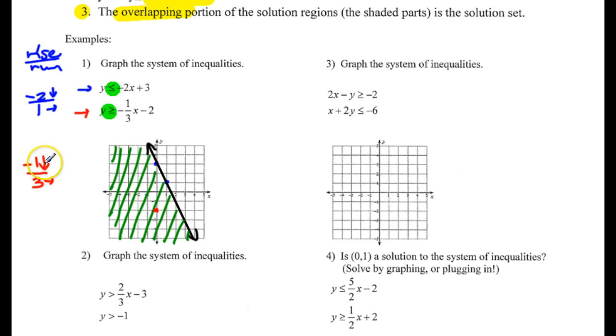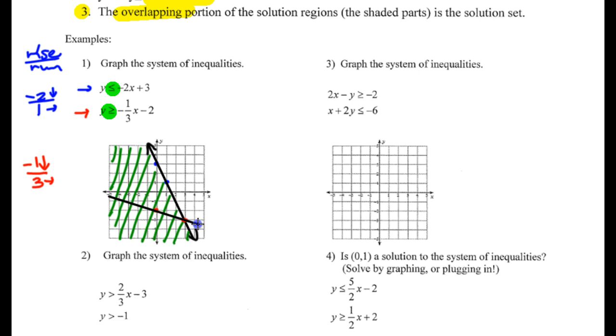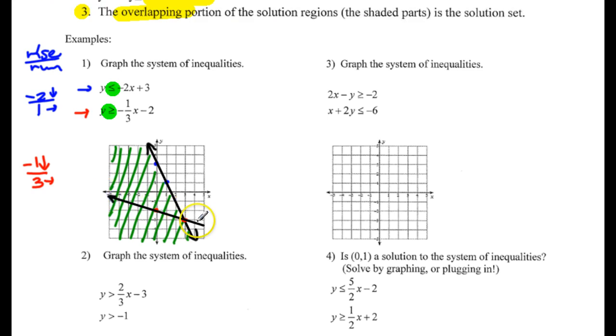So the negative 1 means 1 down, positive 3 means 3 to the right. So start here now, 1 down, 3 right, and it just so happens that it's on that same line. Get our ruler, greater than or equal to, so that means once again, solid line because it's equal. Put our arrows on the line.